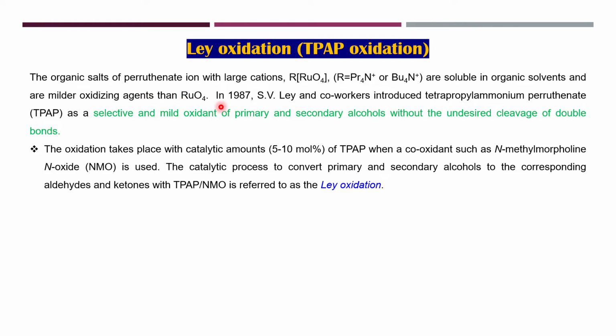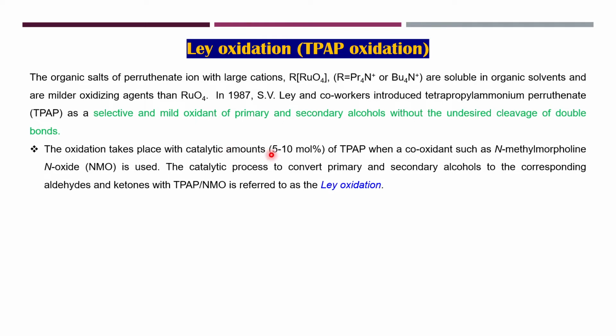Okay, so it was developed by Ley and co-workers, and it was used for selective oxidation of primary and secondary alcohols without the undesired cleavage of any double bonds, which is a problem with oxidizing agents when we are trying to do this type of reaction in presence of unsaturation. That is the C=C double bond.